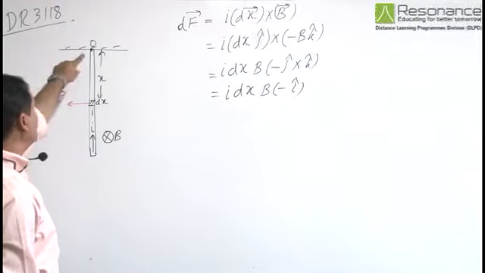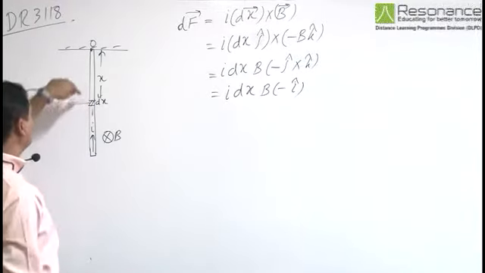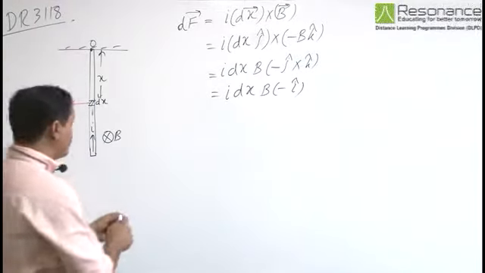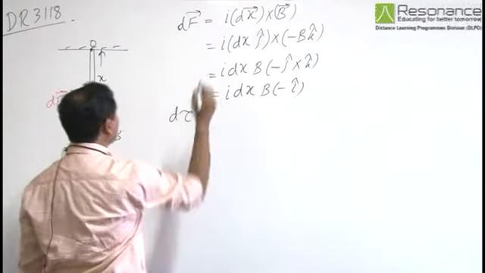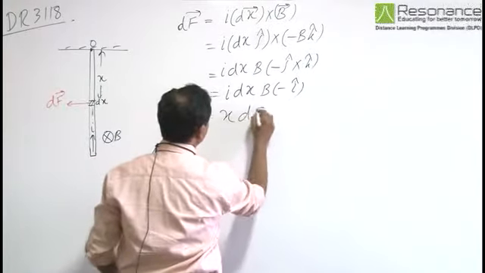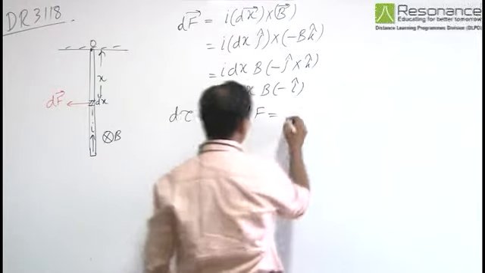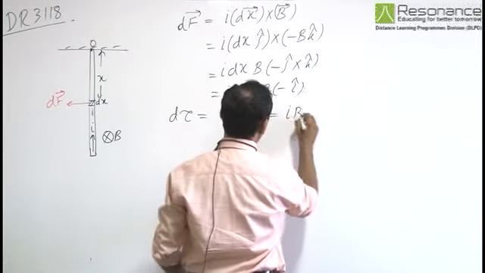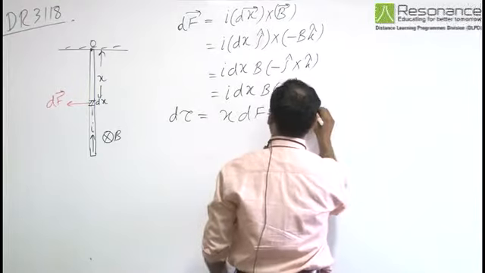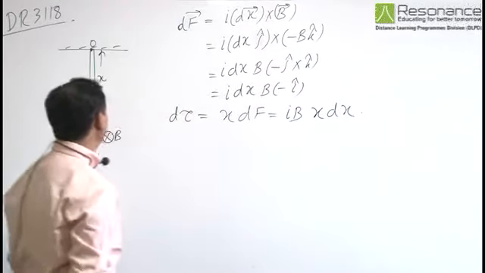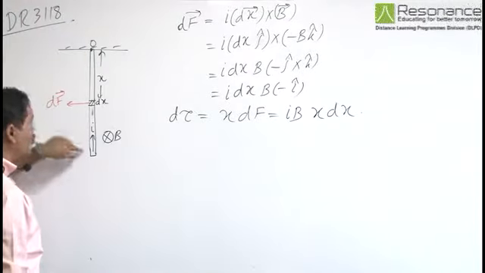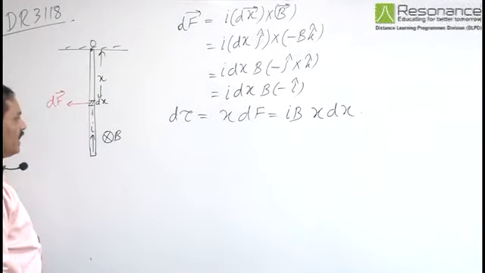So the torque on this rod due to this force about the hinge, d tau, is equal to x dF, that is equal to I B x dx. This is the torque on this particular element.